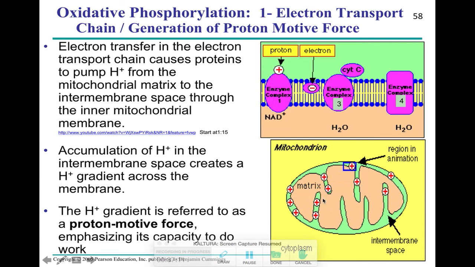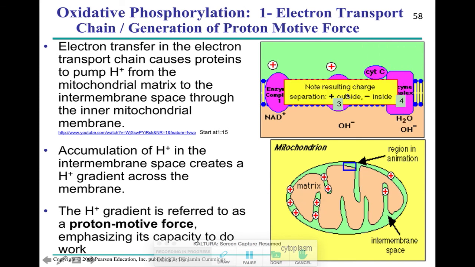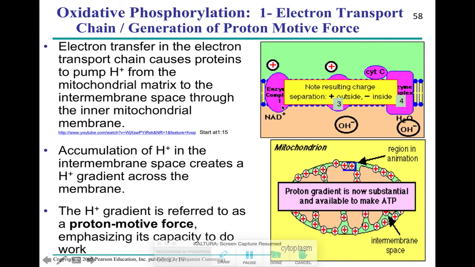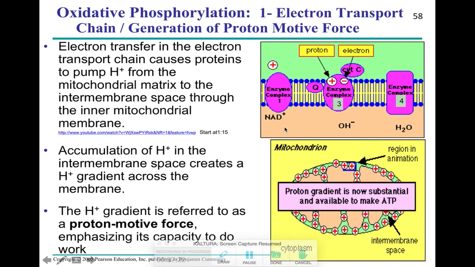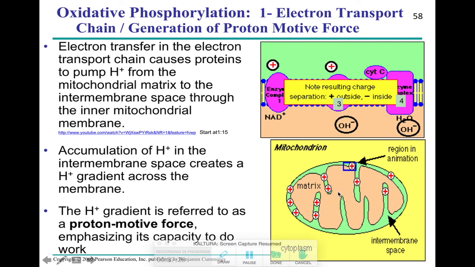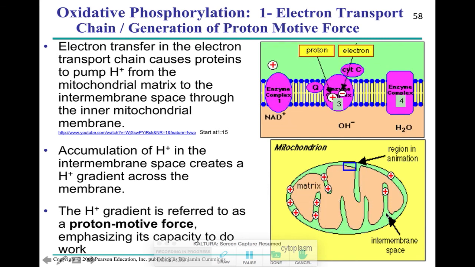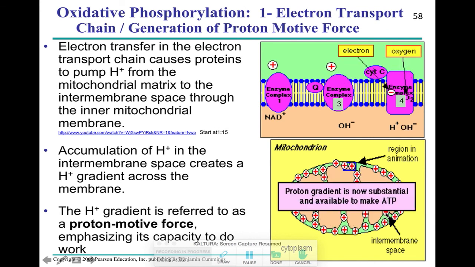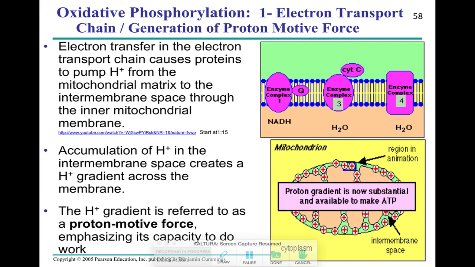Can they go back in? They can't go back in, because these are one-way streets. Just like your downtown streets are one way, these enzyme complex molecules can only push hydrogen ions from matrix to outside. They will not let them go back in. But then mitochondria is going to burst if those hydrogen ions are not distributed. They have to go somewhere else.